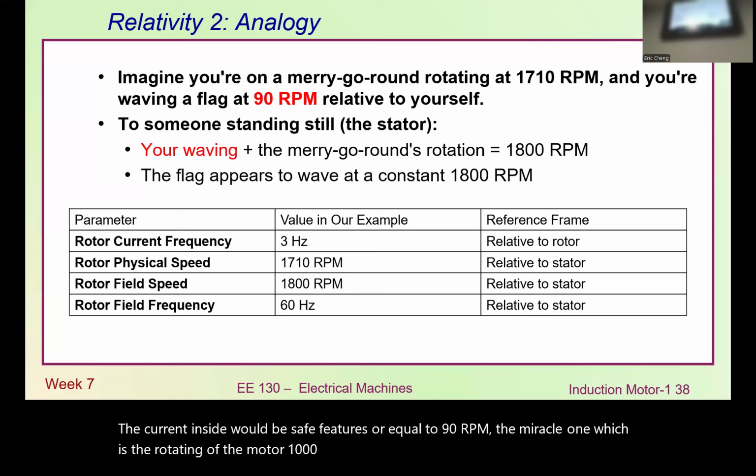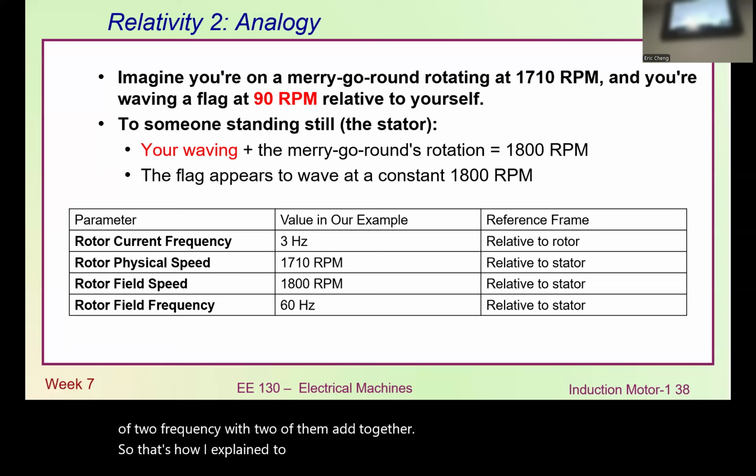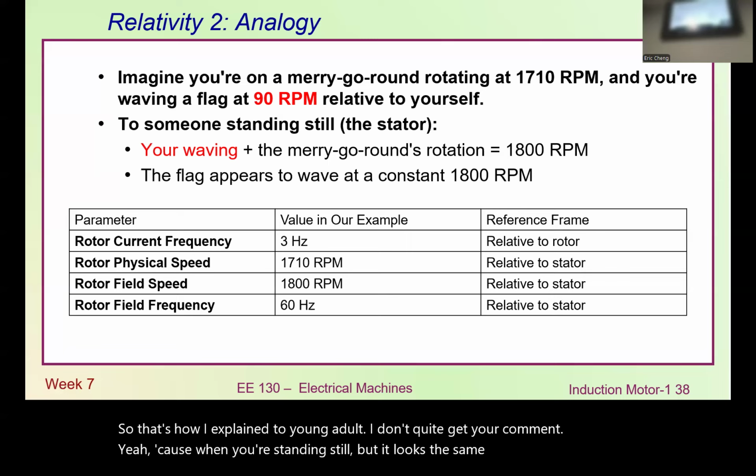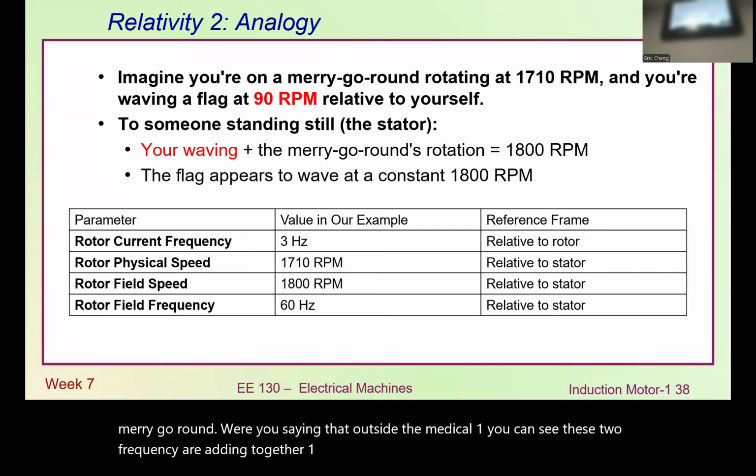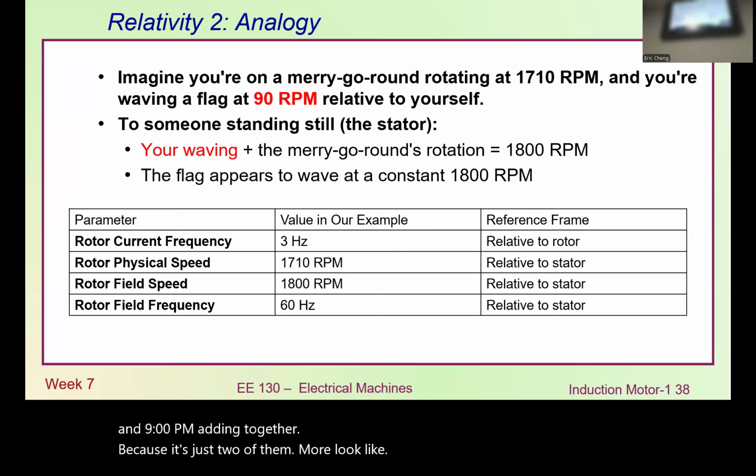So that's how I explain it. I don't quite get your comment. When you stand outside the merry-go-round, you can see these two frequencies, 1,710 and 90, adding together, because it's a summation of the movement.